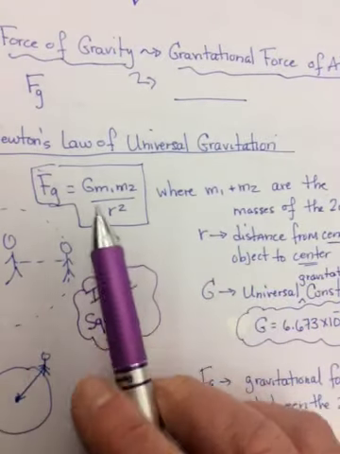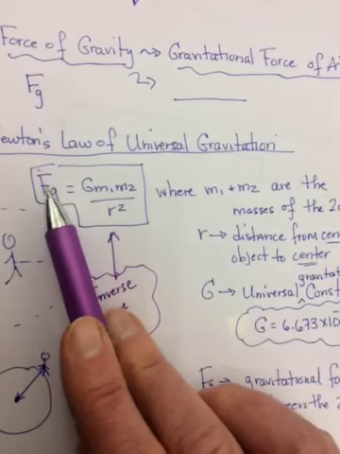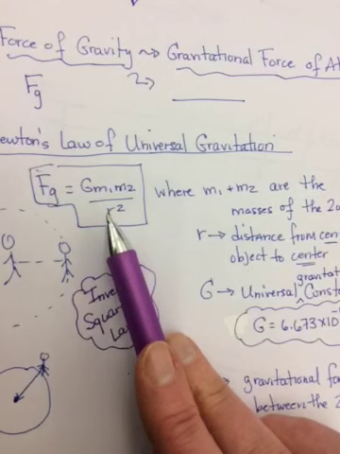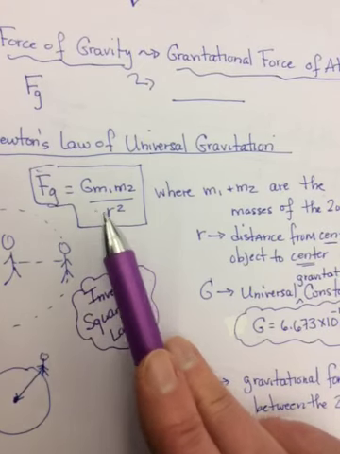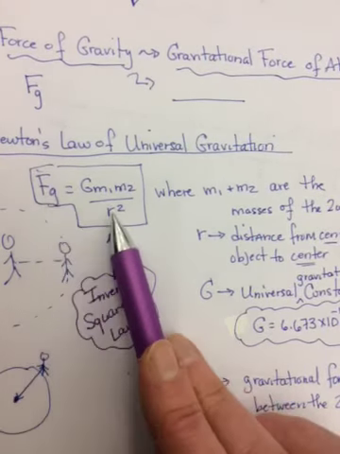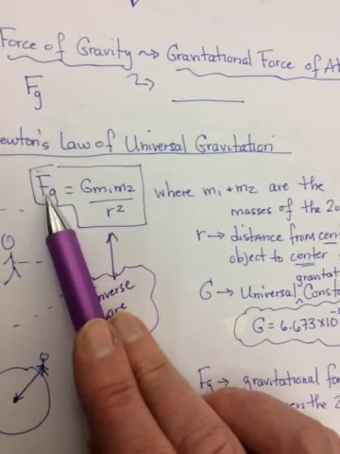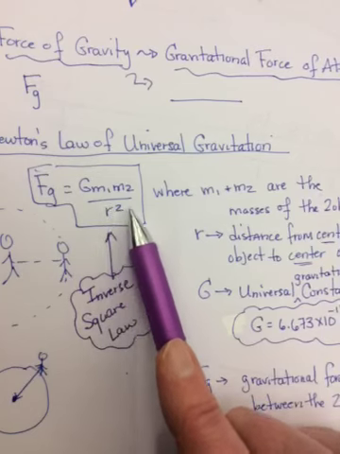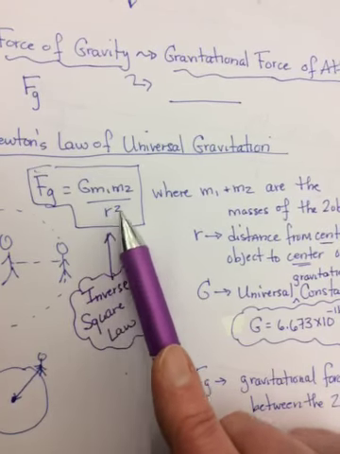What we mean by an inverse square law is that the force varies inversely with the distance. So the smaller the r gets, the bigger the Fg will get. The bigger the r gets, the smaller the force will get. So it varies inversely, but it actually varies inversely by the square of the r.